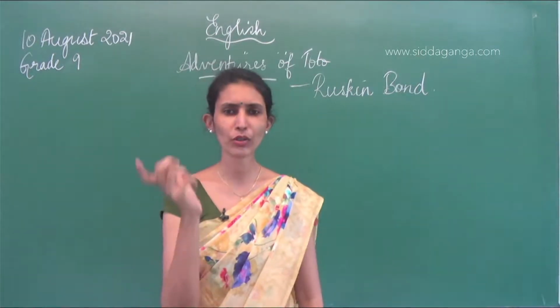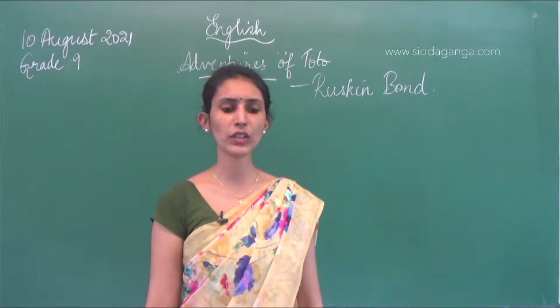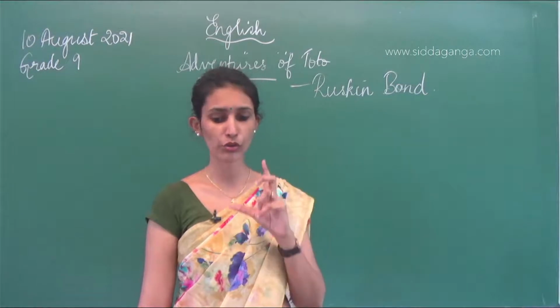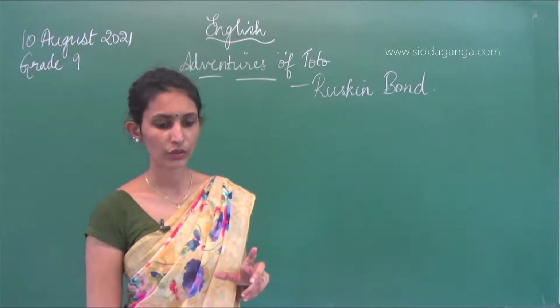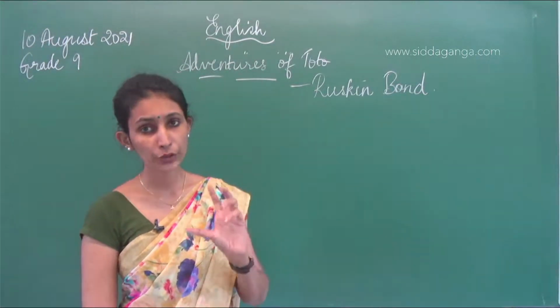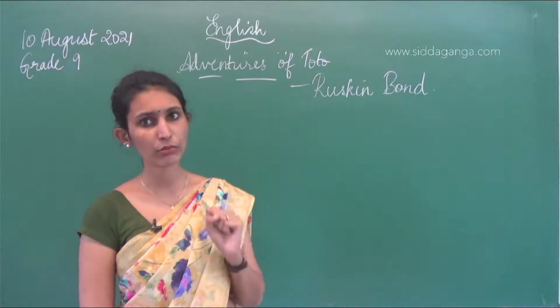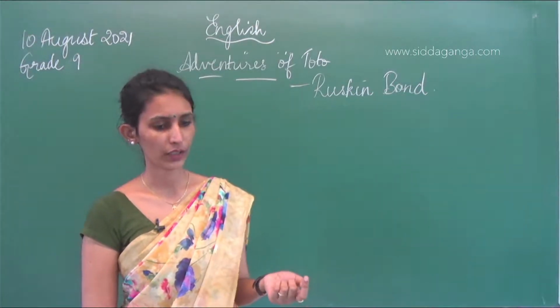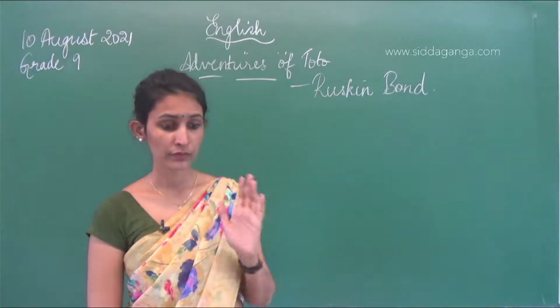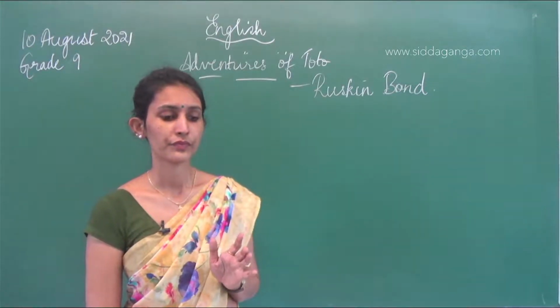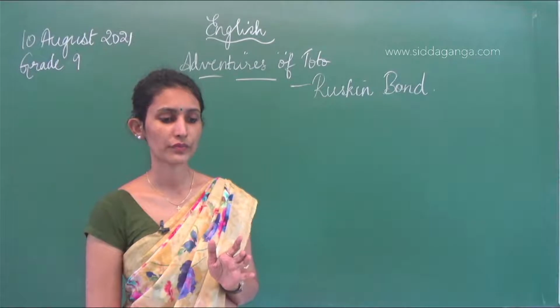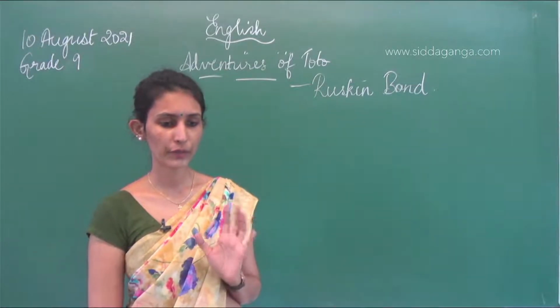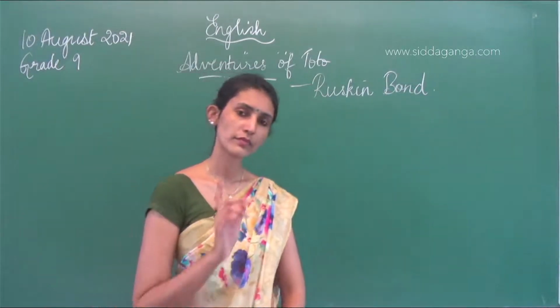Now, what kind of stories you will get is you will get clues. Using those clues and picking the words from those clues, you have to make up a story. I'll show you some clues so that we make some stories.